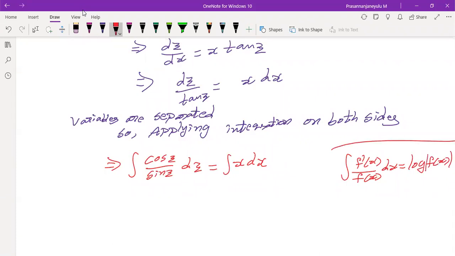So using this formula, take the denominator as sin z. What is the differentiation of sin z? It is cos z only.